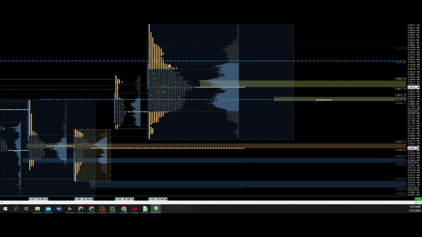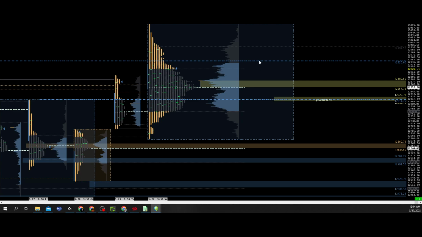Sellers stepped in there. So this idea of inventory being placed in here: if let's say we explore up, we don't find acceptance, we do not have the buyers theoretically to push up, then the trade becomes to rotate through this inventory, possibly what I call abandon this inventory, and go test to see if sellers can escape this inventory and explore price lower.